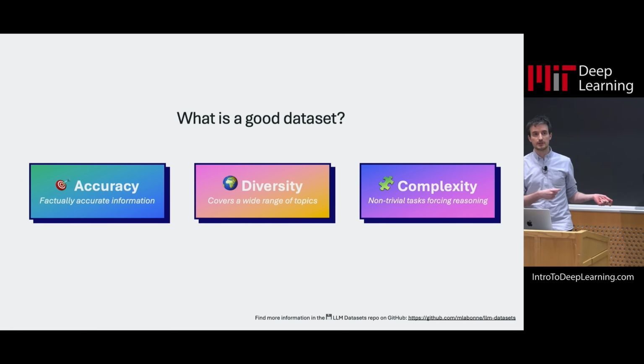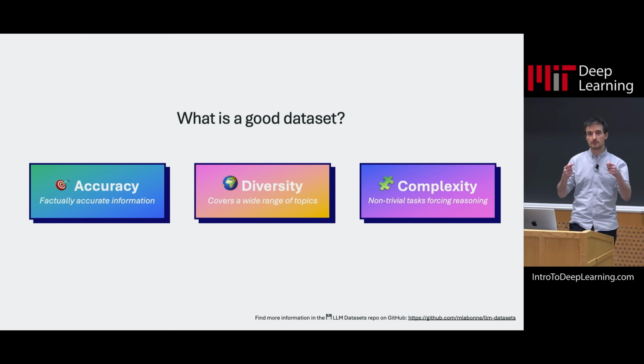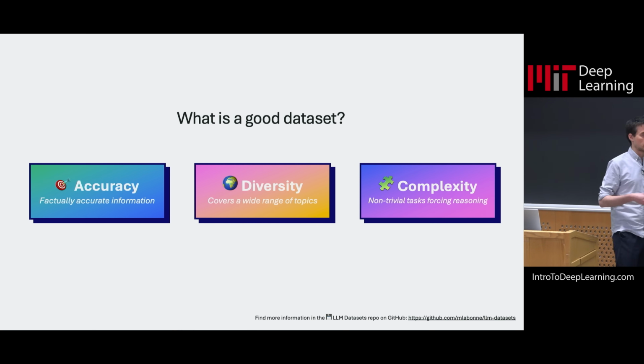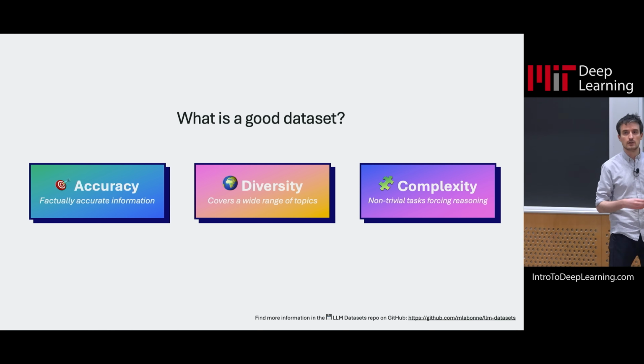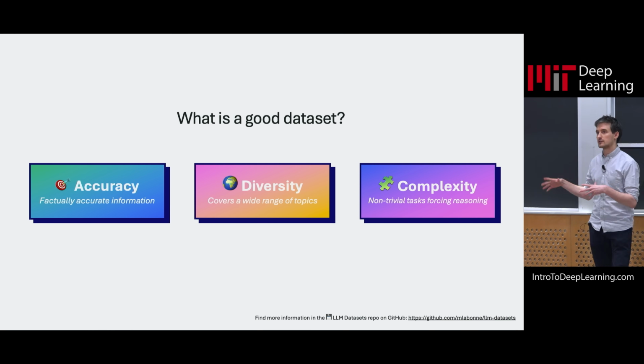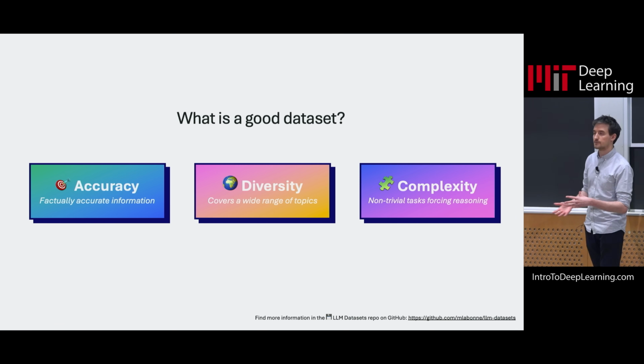First, you have accuracy. Accuracy is quite easy. Is my answer relevant to the question? Am I giving the correct answer? Most of the time, it's quite easy to check and to see, okay, my answer is correct. But if you have very complex questions, it can be a lot harder.